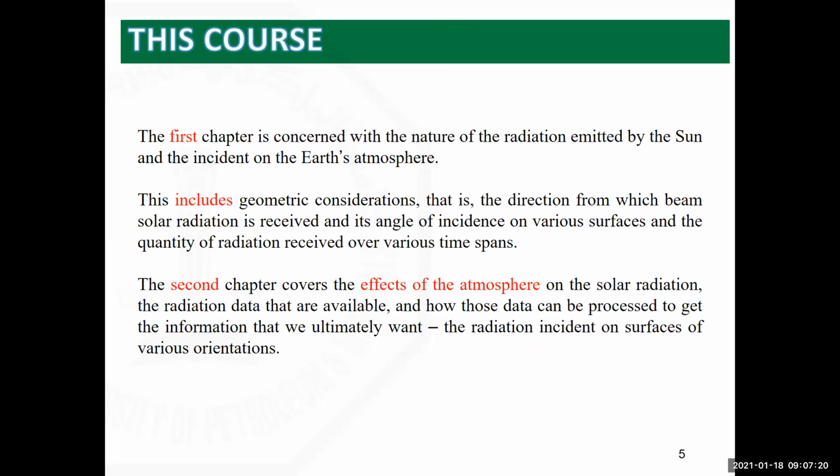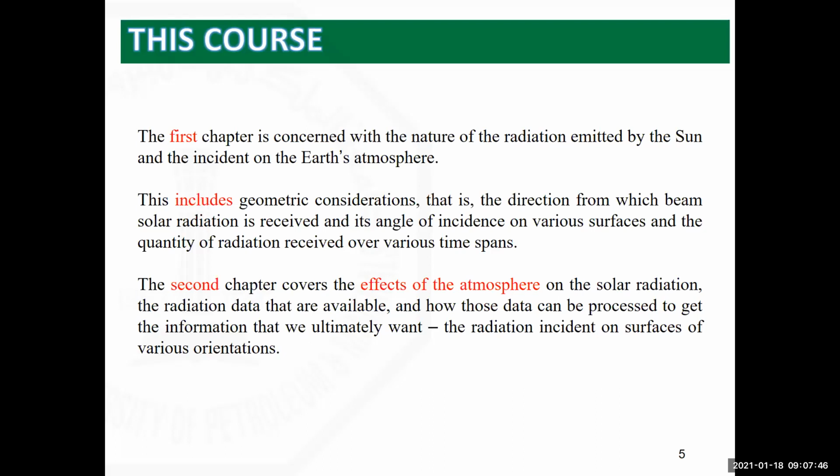The first chapter, again, is talking about the nature of radiation emitted by the sun and its incidence on the Earth. Talking about the geometric considerations, beam radiation received, the angle of incidence on various surfaces, and the quantity of radiation received over a certain time span, and how it changes over the day from one hour to the other.